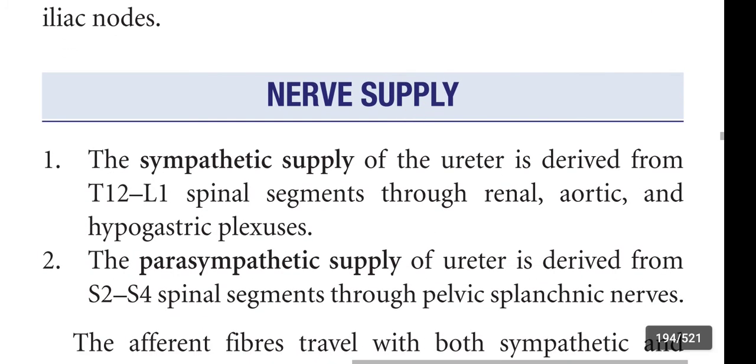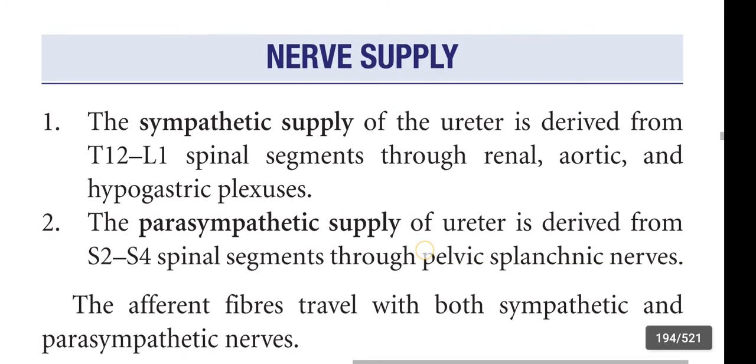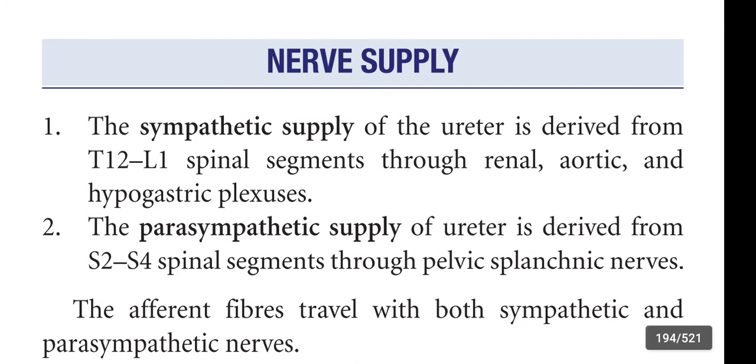Now, nerve supply. The sympathetic supply of the ureter is derived from T12 to L1 spinal segments through renal, aortic, and hypogastric plexus.